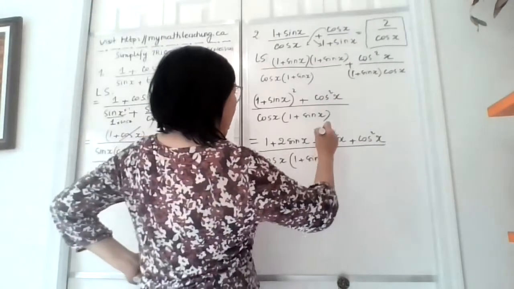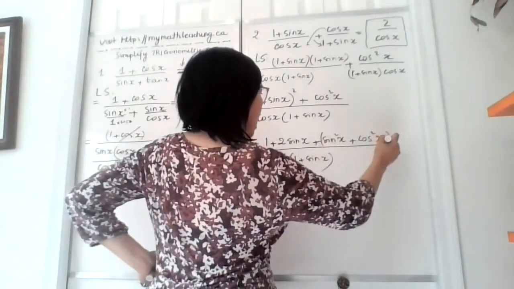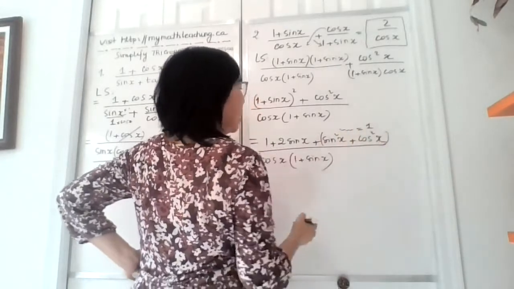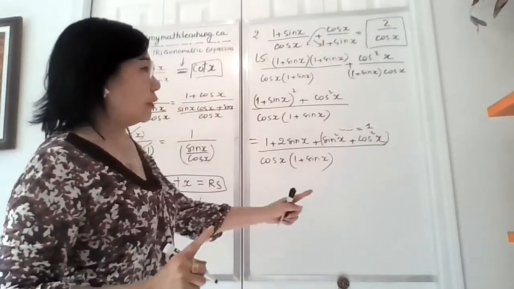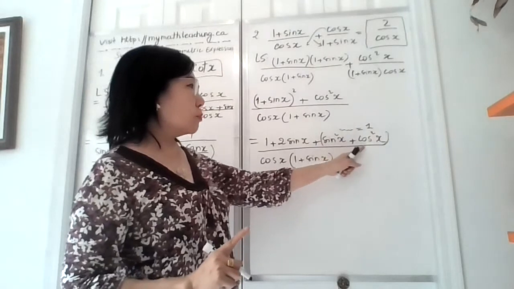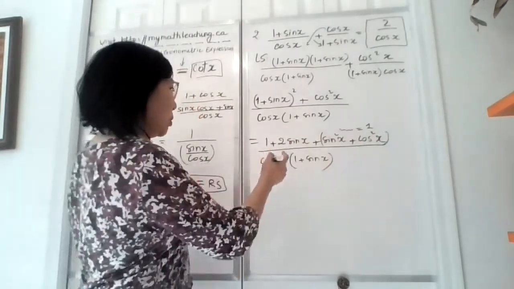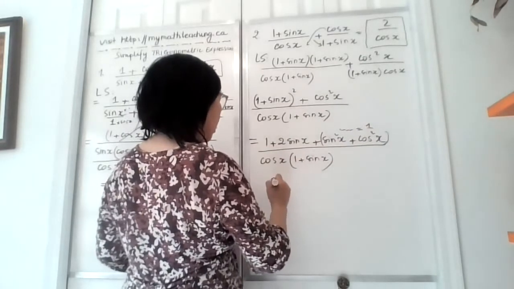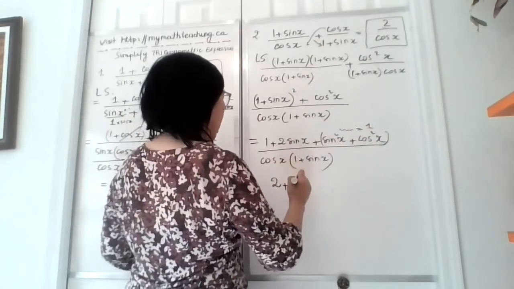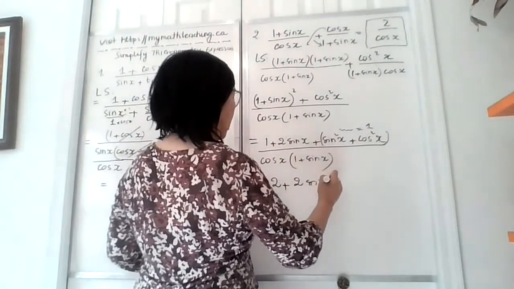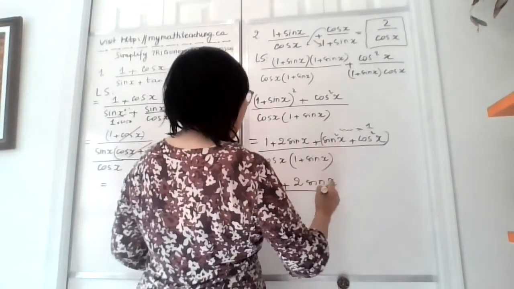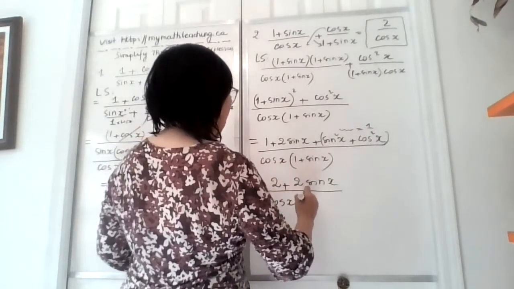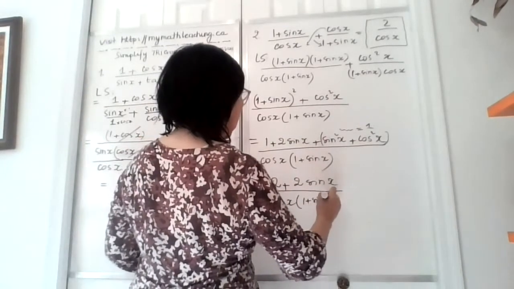Now, I can combine this one with this one and make this become 1. Remember, one very important identity is sine square x plus cos square x equals 1. So I turn this into 1. 1 adding to 1 here becomes 2, plus 2 sine x. And down here, I have cos x times 1 plus sine x.